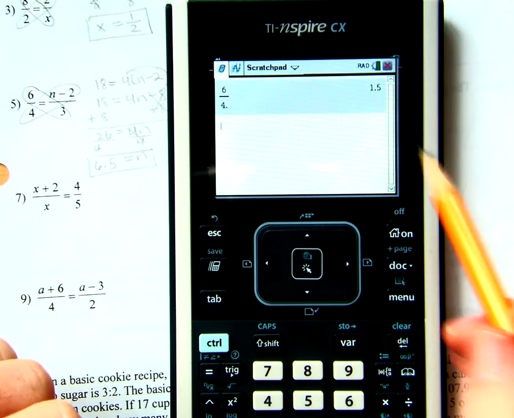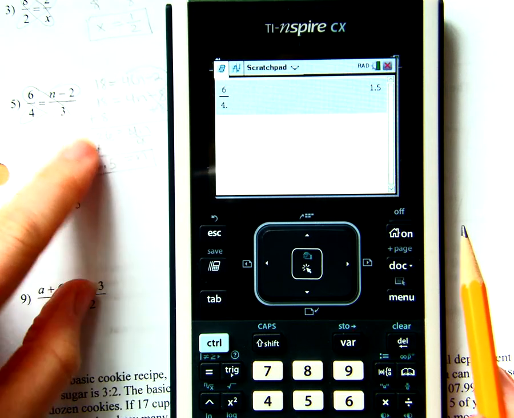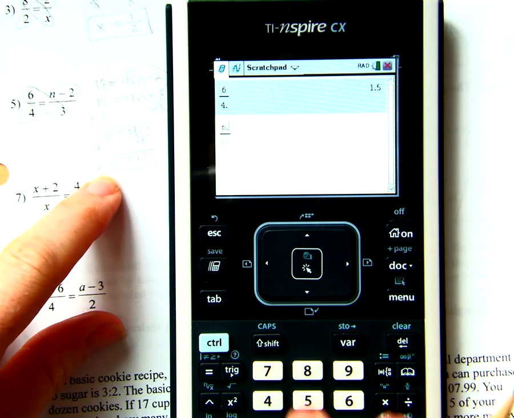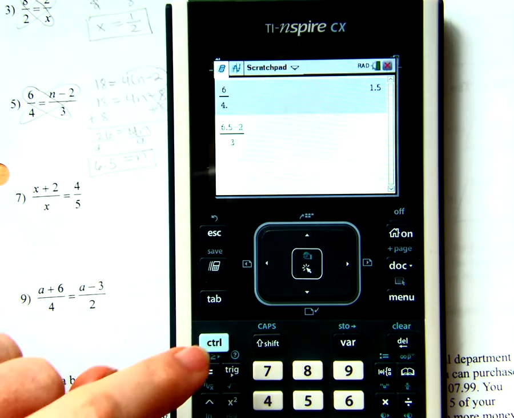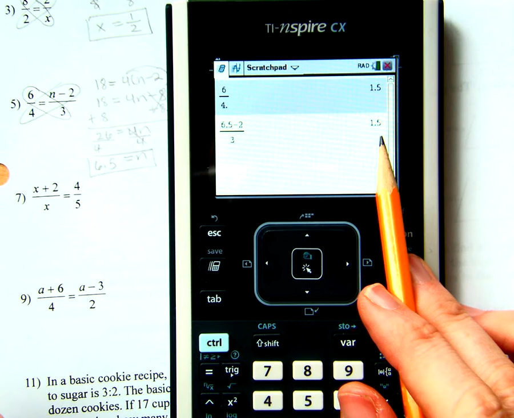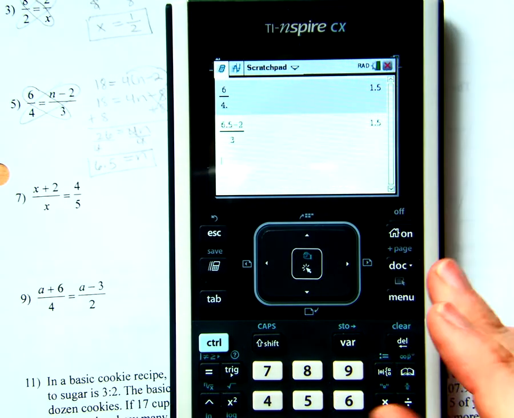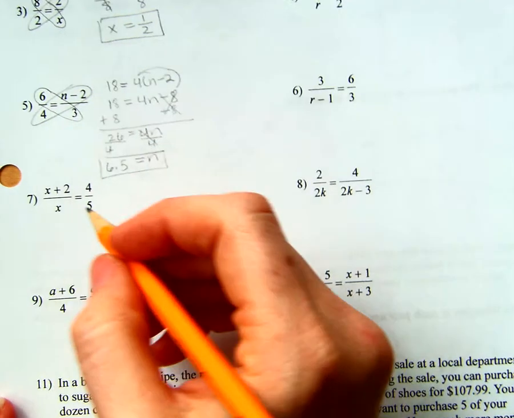Decimal point, so I can get a decimal. So this is my first ratio. And if I did the right thing, I should have a common ratio. So I would do 6.5 minus 2 over 3. And see, that common ratio is exactly what I'm looking for, meaning that 4 is 1.5 times larger than 3 is. Okay. All right, so moving on.